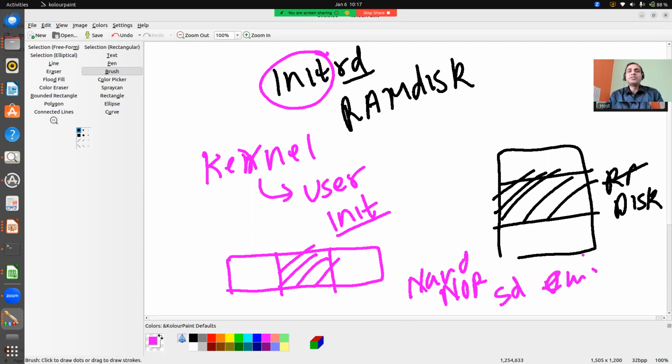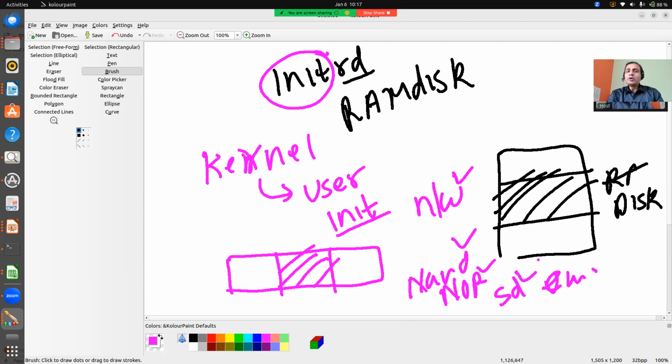Your system can be booted from various interfaces where the root file system can be located, even over the network. So there is a variety of possibilities where your root file system can be: over the network, on the NAND, on the NOR flash, on the SD card.